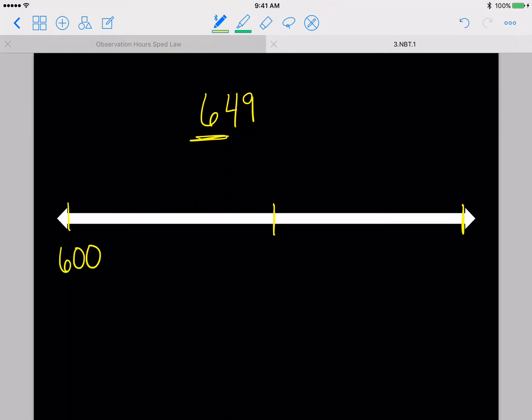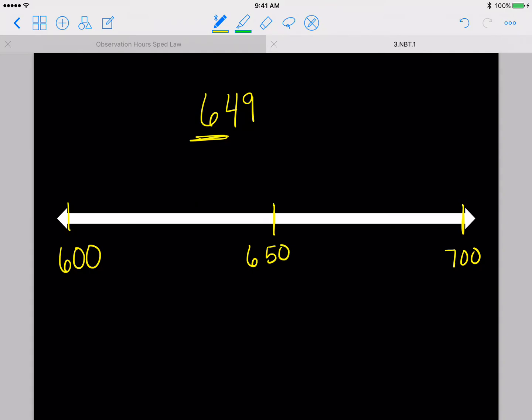Skip count by 100s: 100, 200, 300, 400, 500, 600. We're going to go to 700. Okay, what's in the middle of 100? It's 50. If we have a football field, 100 has 100 yards. The 50-yard line is going to be in the middle, so 650 is going to be in the middle here.